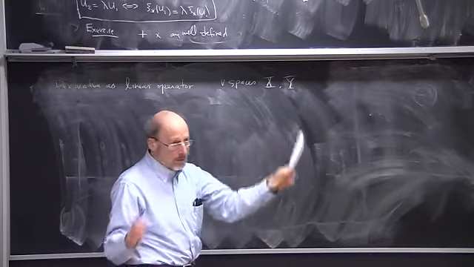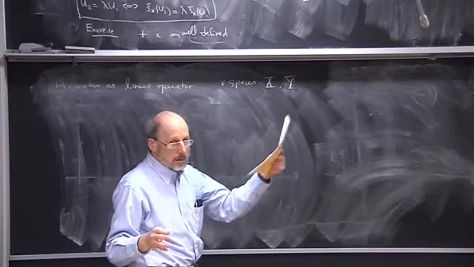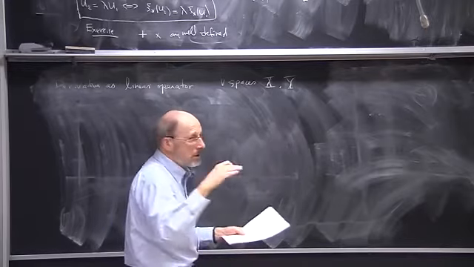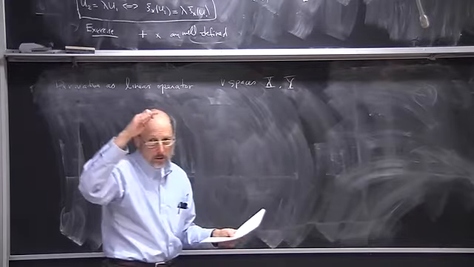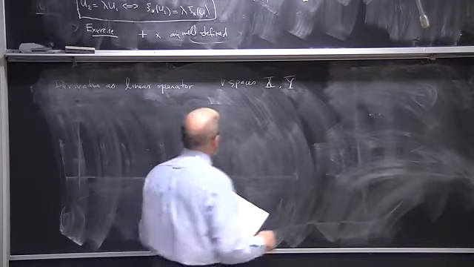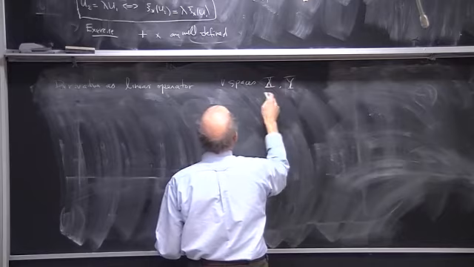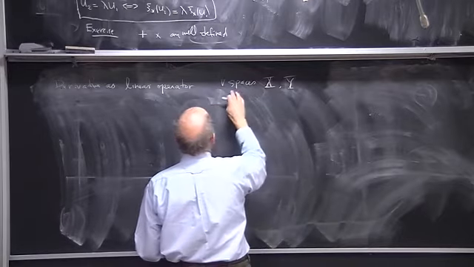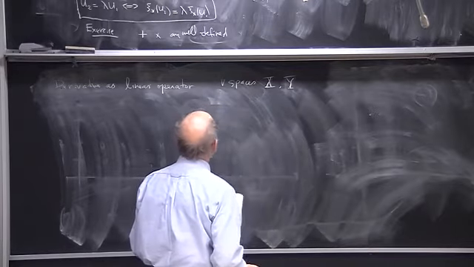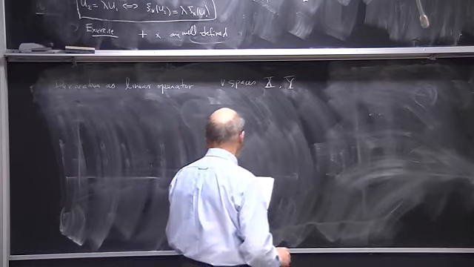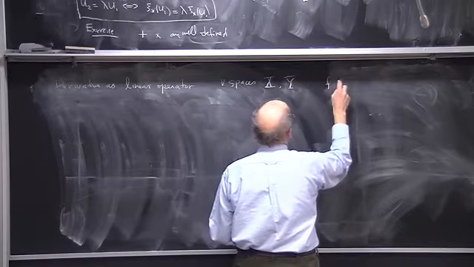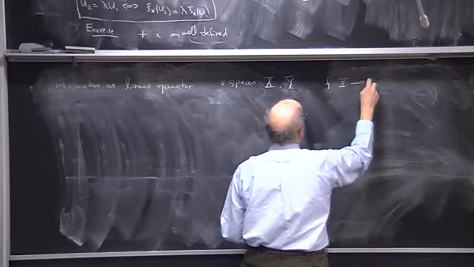If you want to compare what's happening with one chart versus the other chart, then you're going to be mapping back and forth between those two vector spaces. And it's for that reason that we want to consider the notion of derivative for maps between two vector spaces. So that has to be some smooth map going from X to Y.